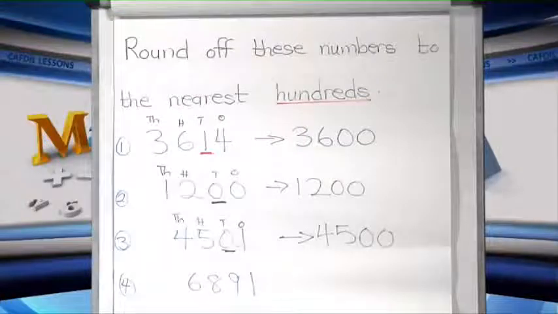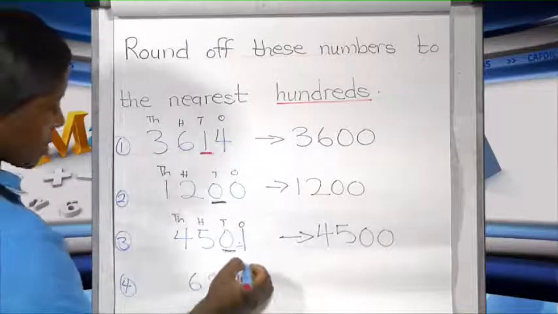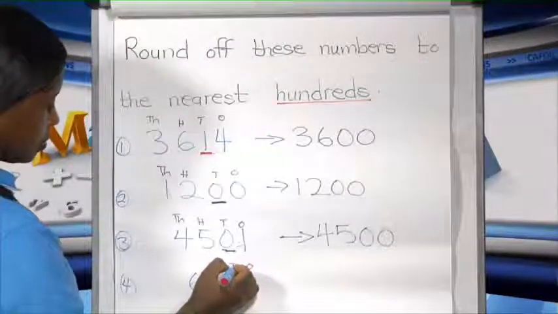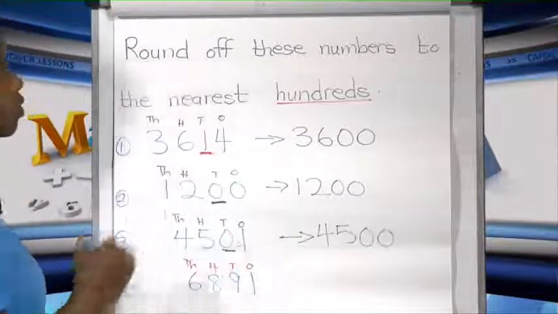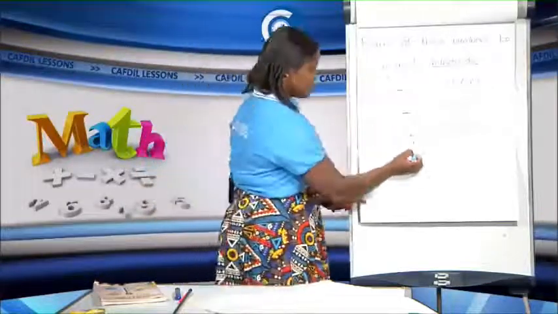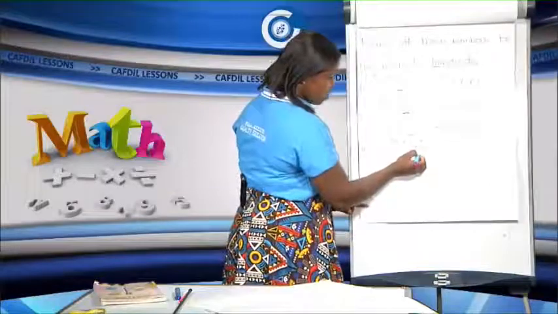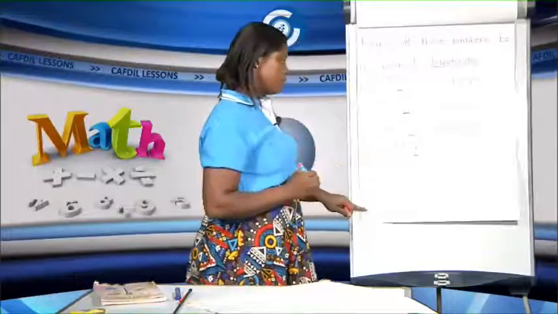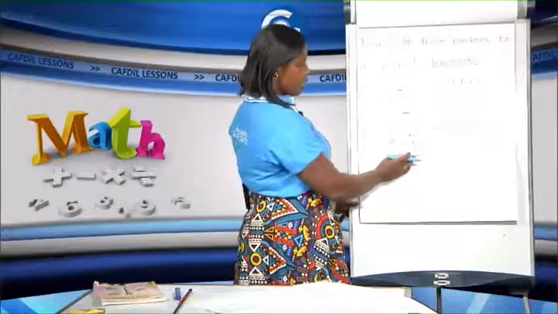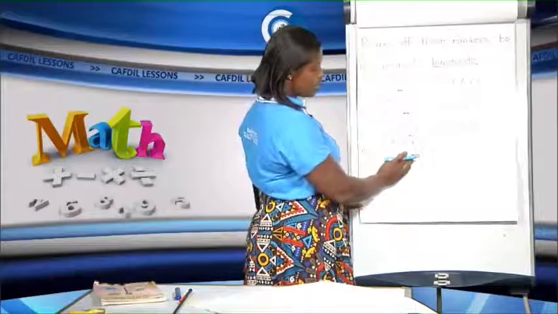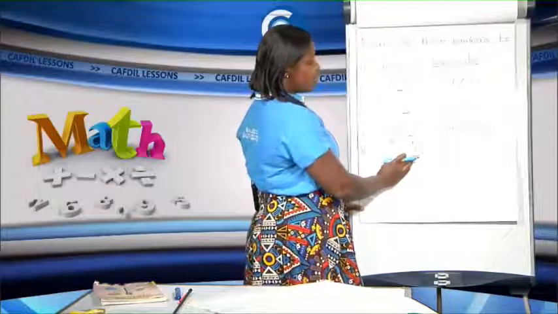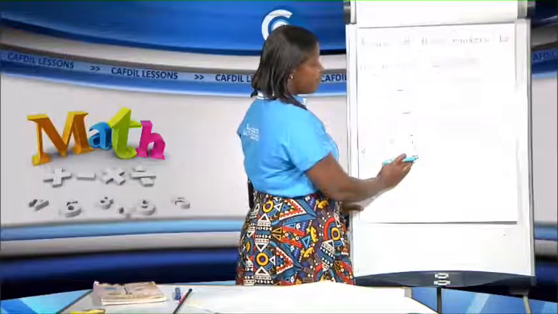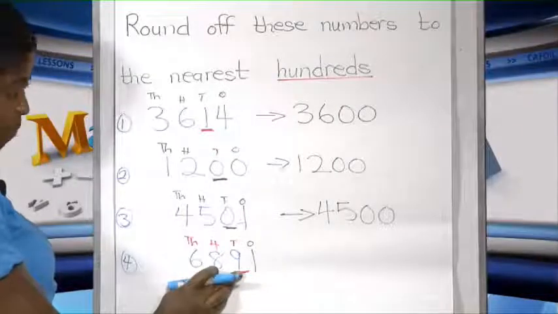Okay, let's do this as well. To the nearest hundreds, our target will be at the tens place. This time, the number here is 9. 9 is more than 5 or more than 4.